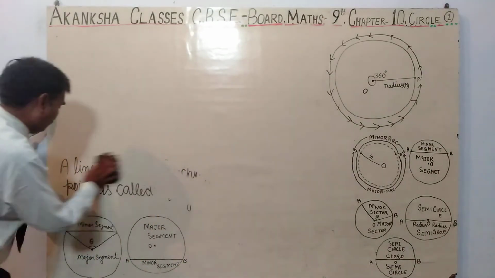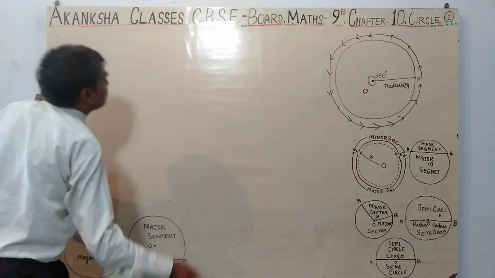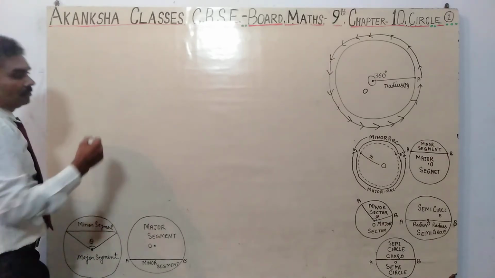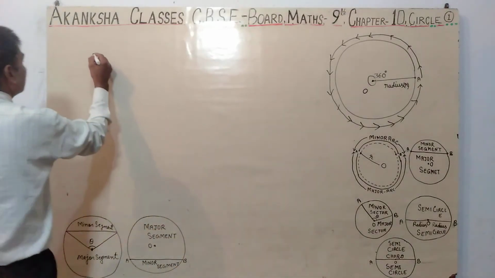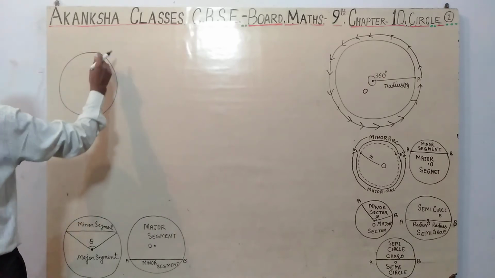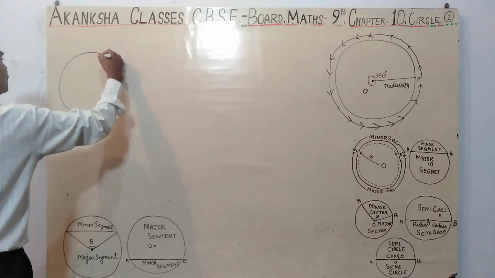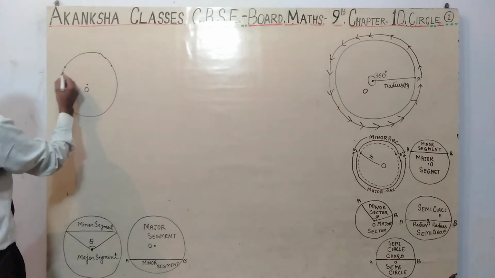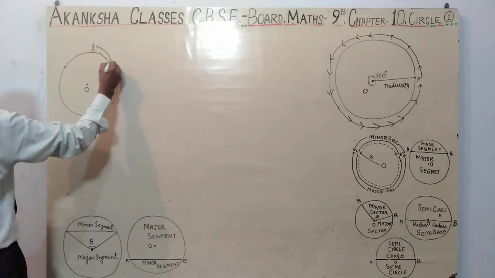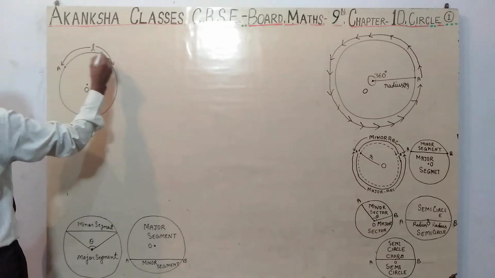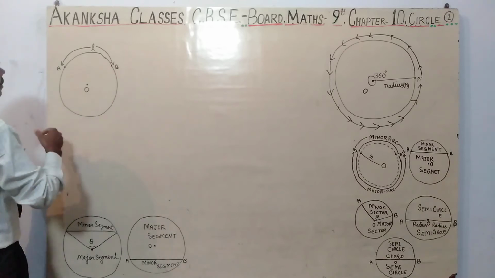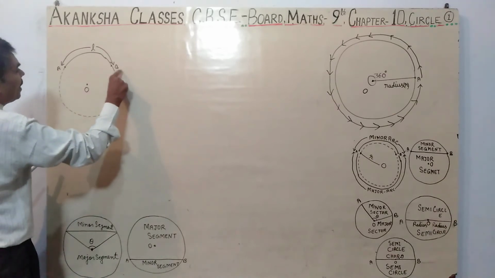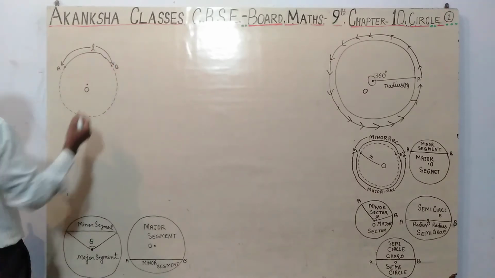Friends, this is the minor arc whose length is given by small l. How will you find its length?